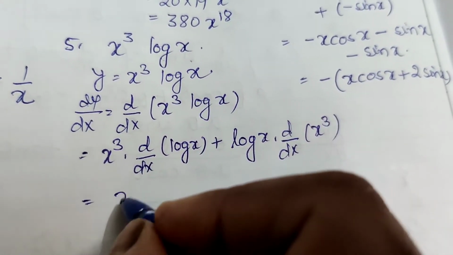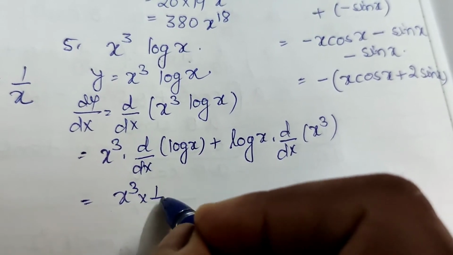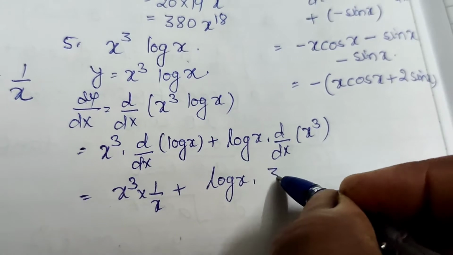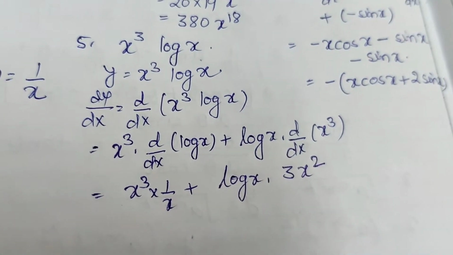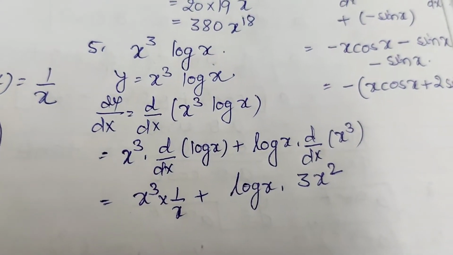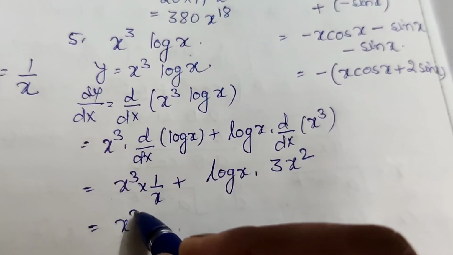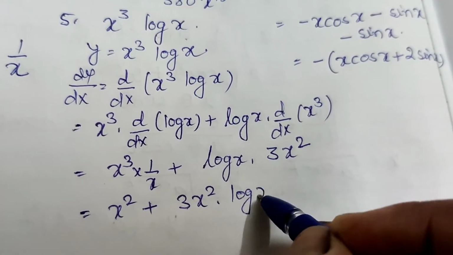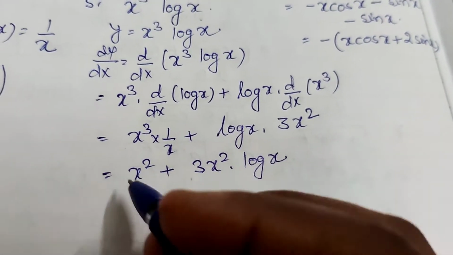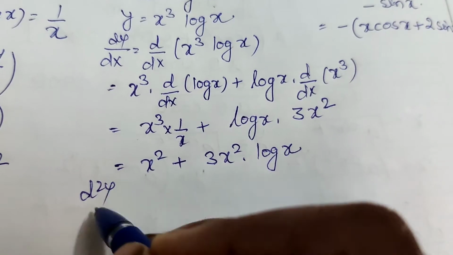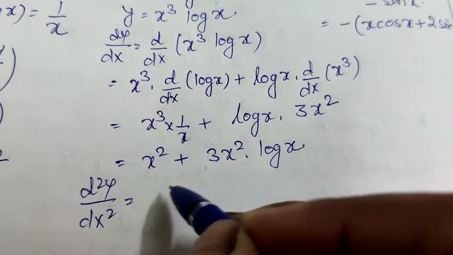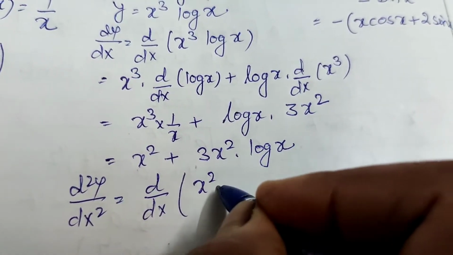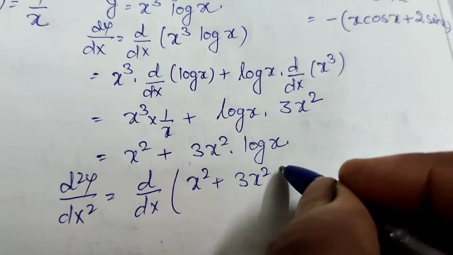It is equal to x cube into 1 by x plus log x into 3x square, which means x square plus 3x square log x. Now again differentiation, d2y over dx square, means d over dx of x square plus 3x square log x.